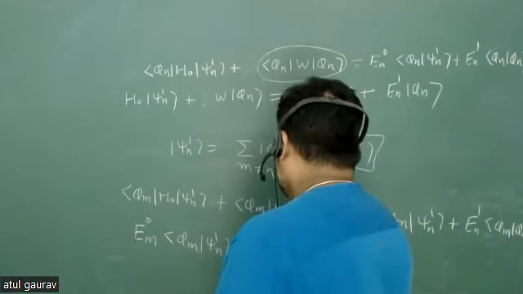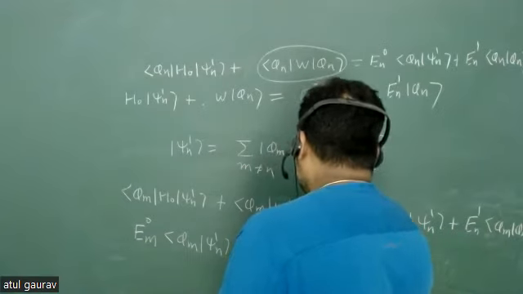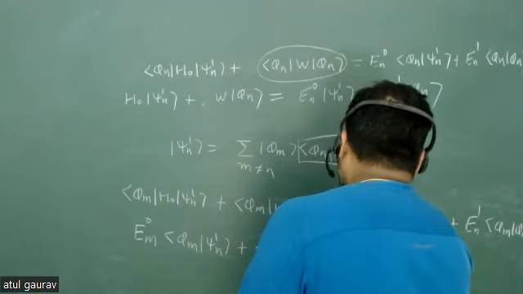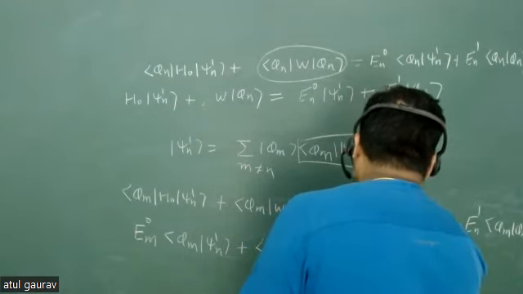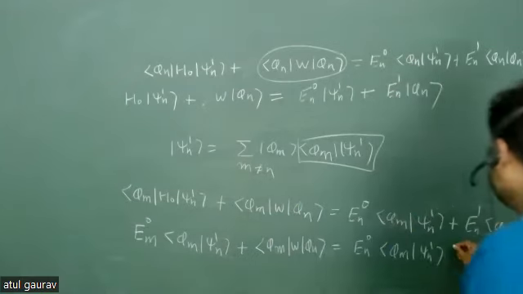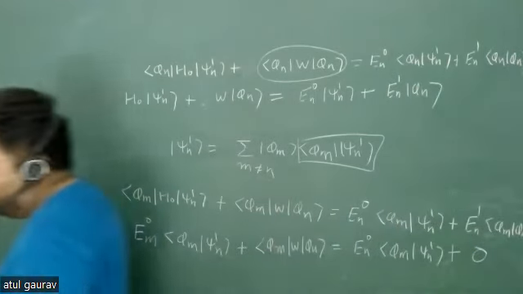Yes, sir. So that is the matrix element in m and n. So phi m W phi n must be equal to En0 phi m psi n1, and this value is equal to what? 0. ये value क्या हो जाएगा? 0.